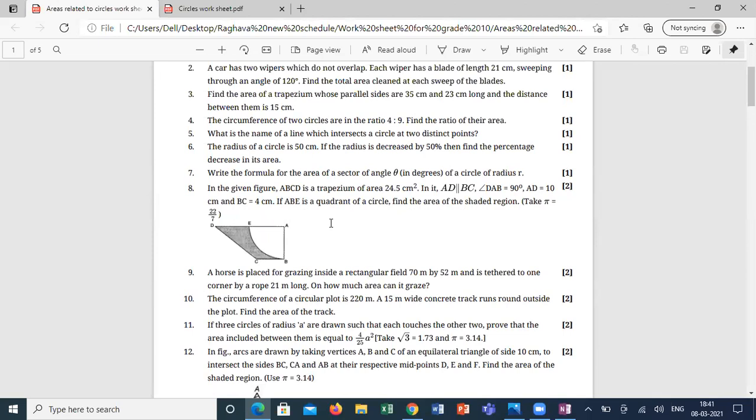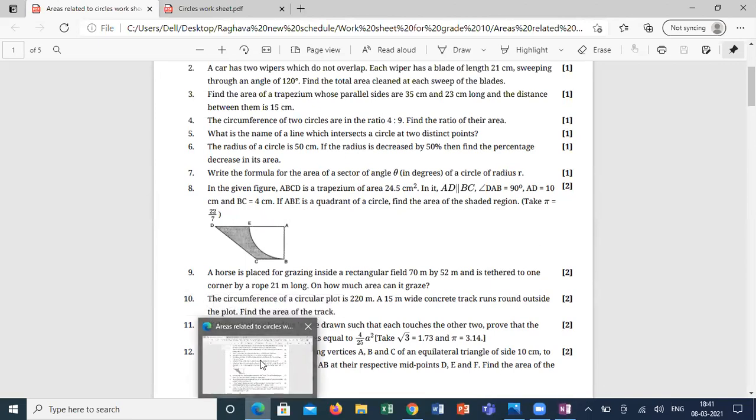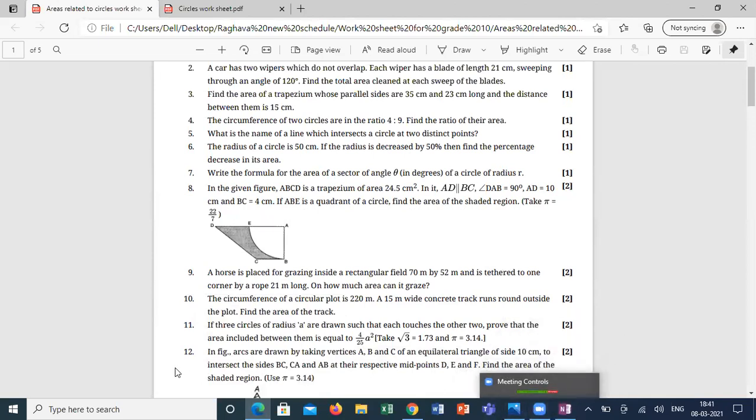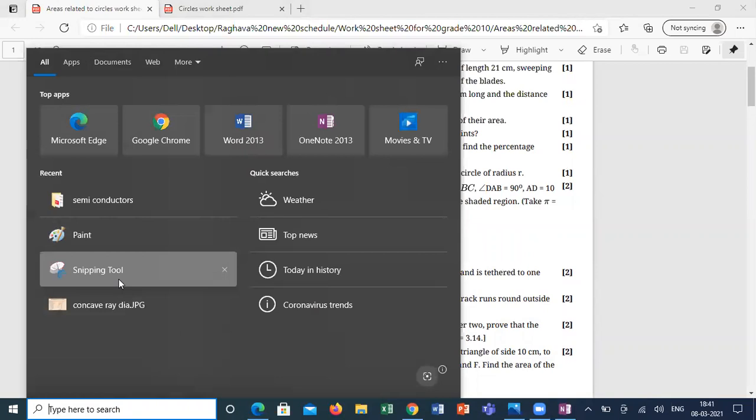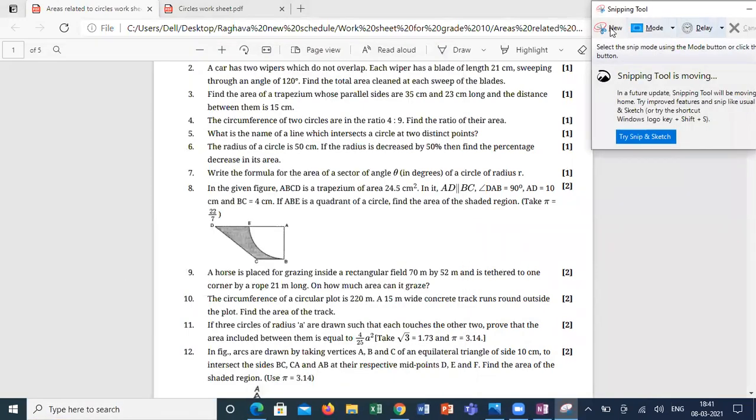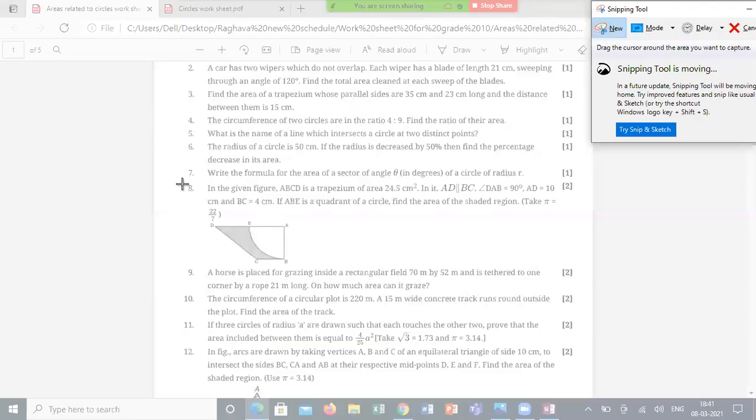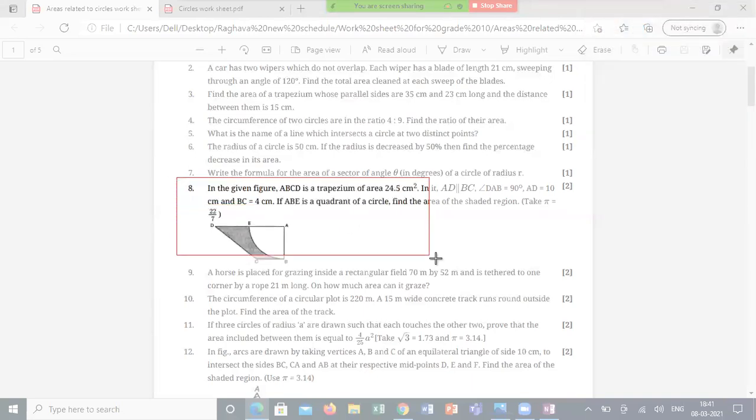All 1 mark questions you try. If you are having any doubt, in the next class we can discuss, or you can post a message. I will send the solution for that question also. Not a problem. Doubts, you can post a message in the group. Because of the exam time, you can post if any particular doubt you are unable to clear by anyone.